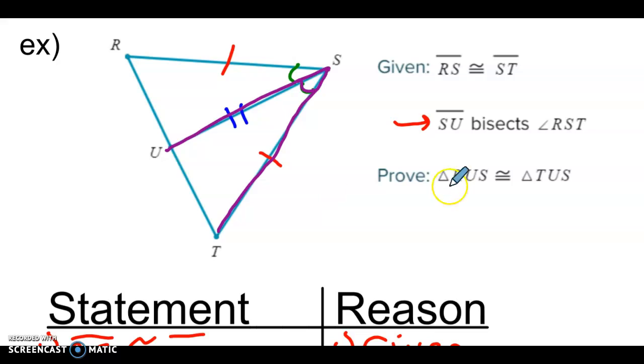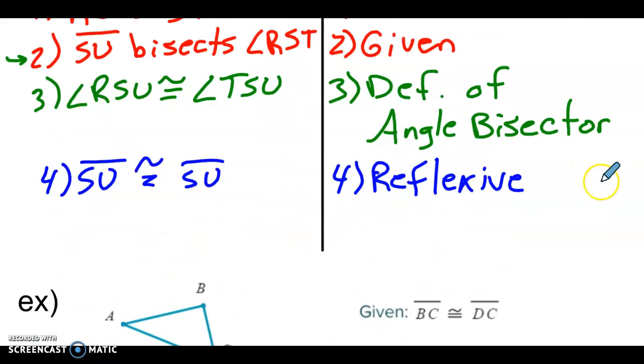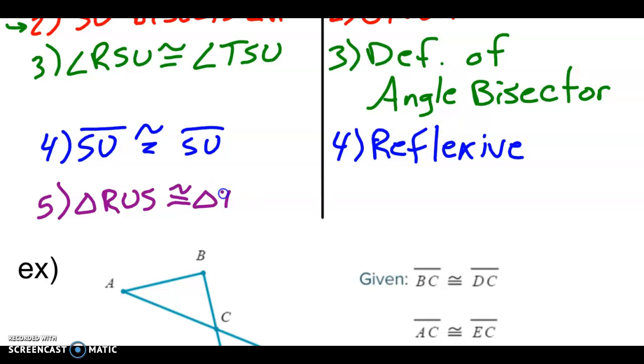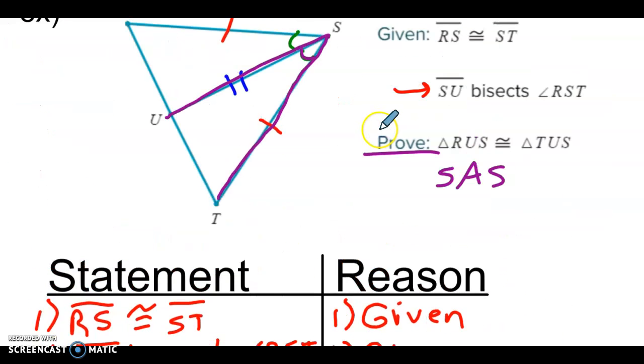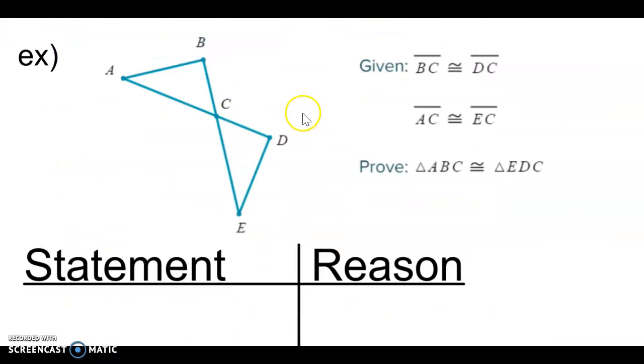So we have enough information, side, angle, side, to state that we have proven those two triangles congruent. So triangle RUS we can now say is congruent to triangle TUS. And we know that by the side, angle, side theorem, because we've proven a side, an angle, and a side congruent. Okay, so that one would be done there.